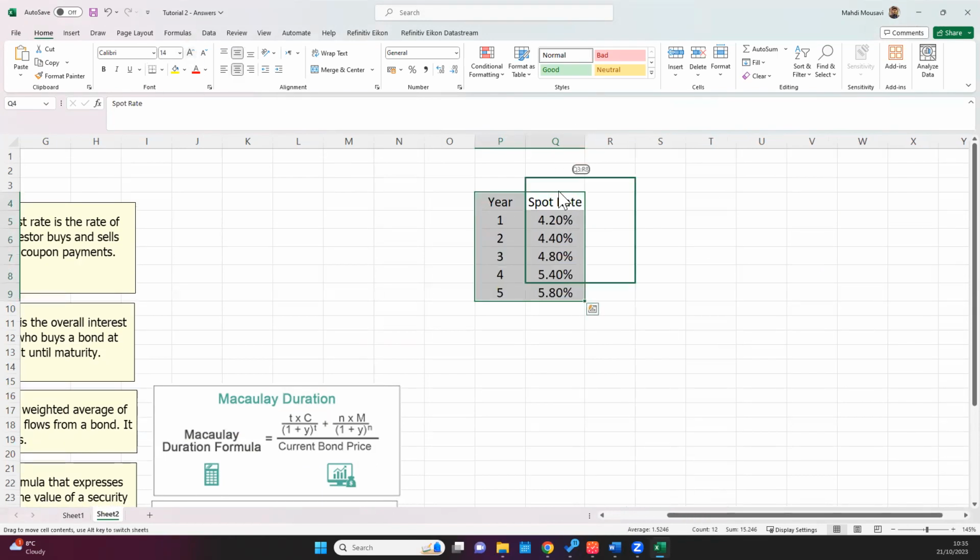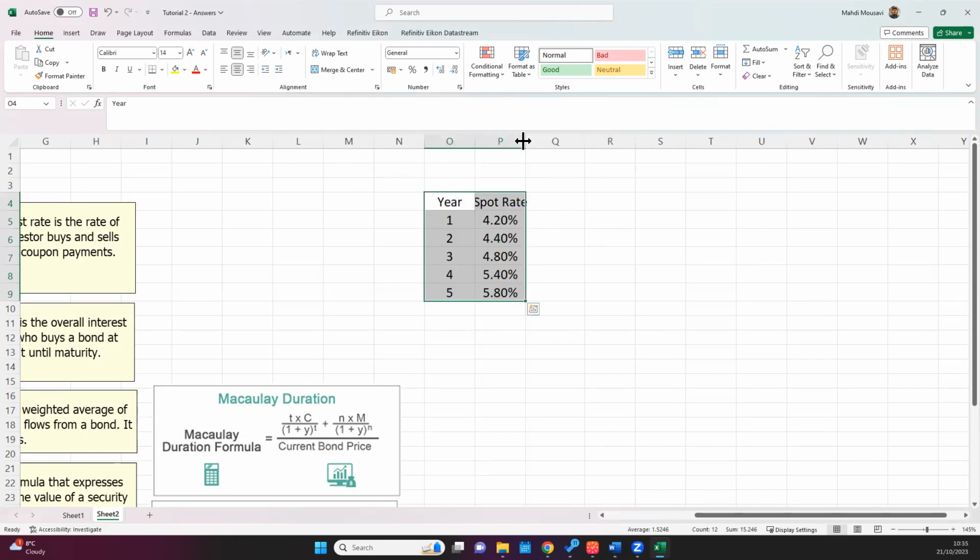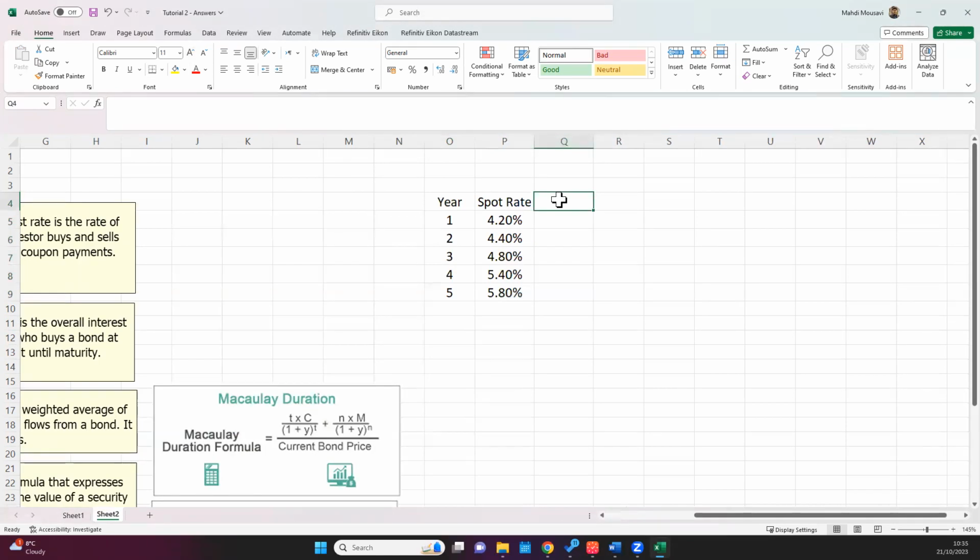Right. So the question asks you to find out the price of the bond using the following rates, which are the spot rates.